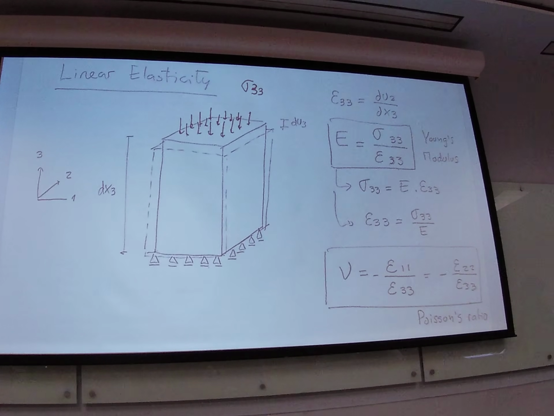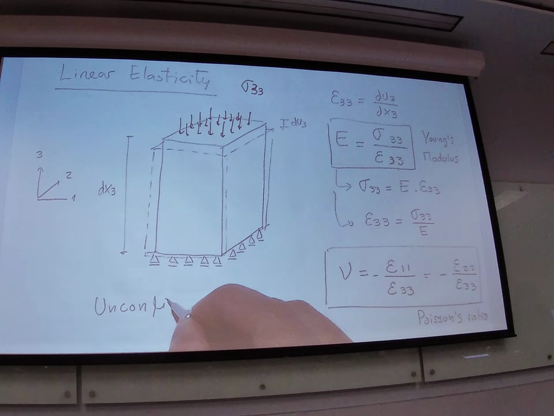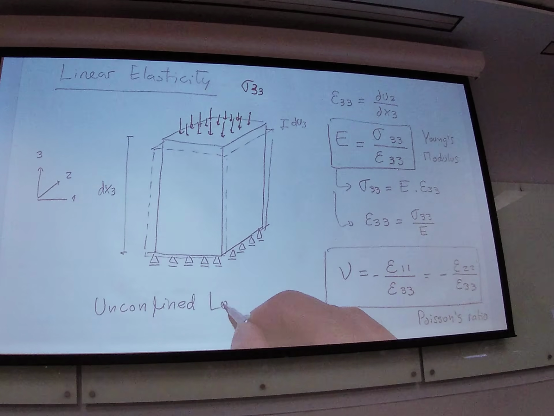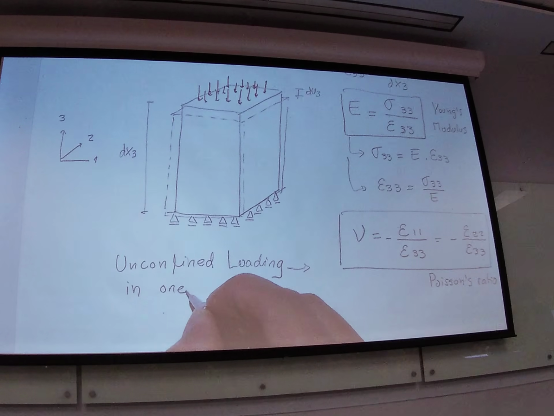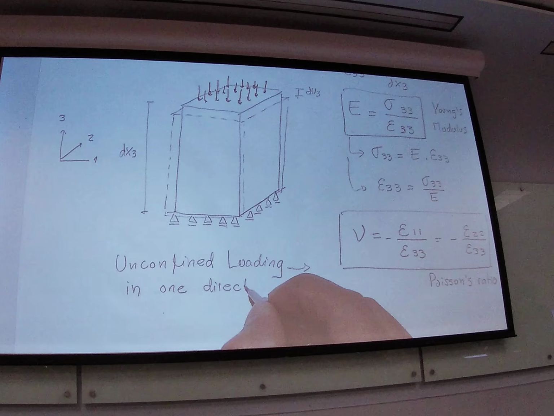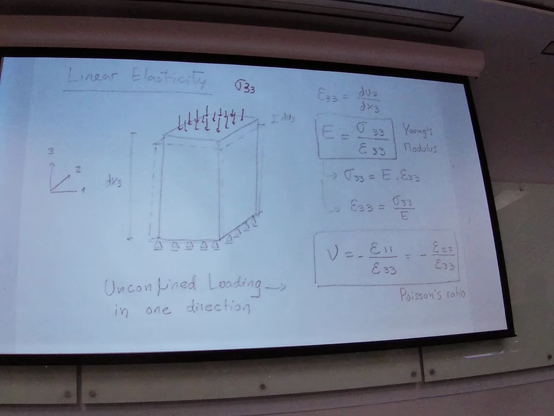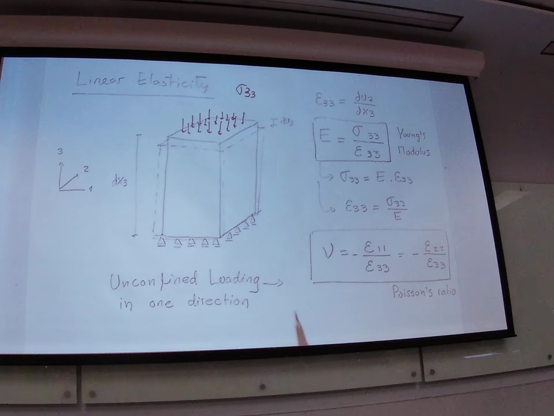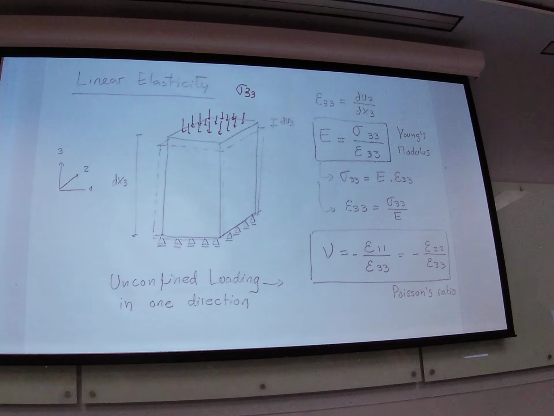And it's very important that you remember that these two definitions are valid only when you have something which is called unconfined loading, just in one direction. So we have loading just in direction 3, and we let the solid expand in the other two directions.